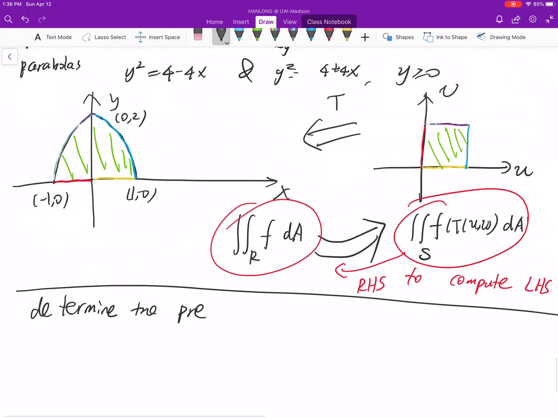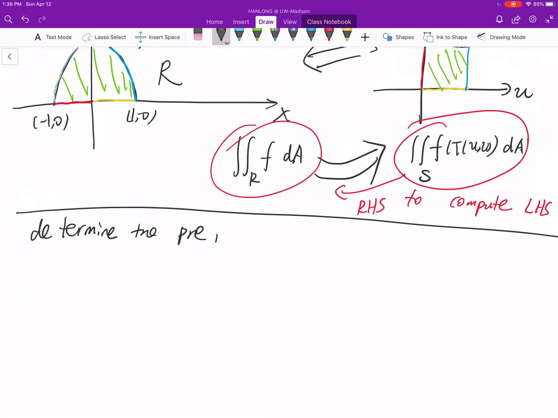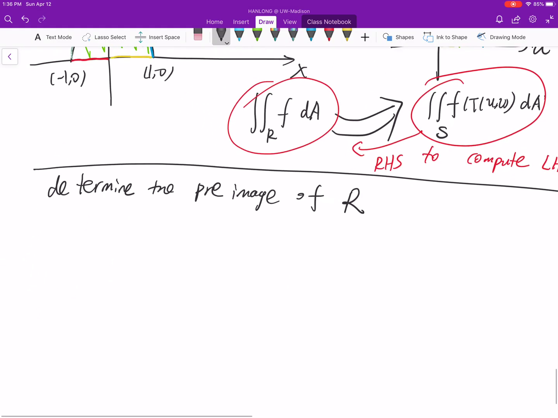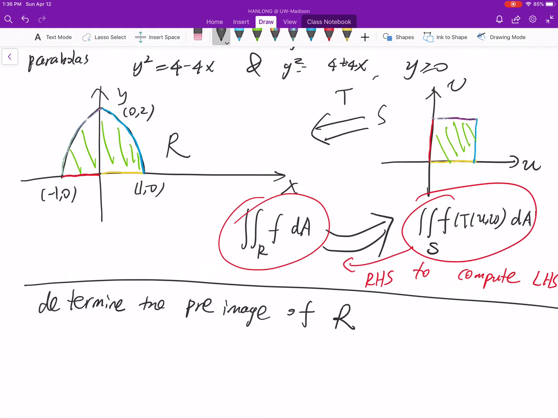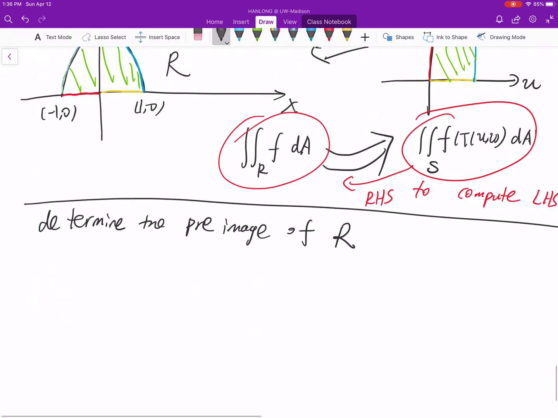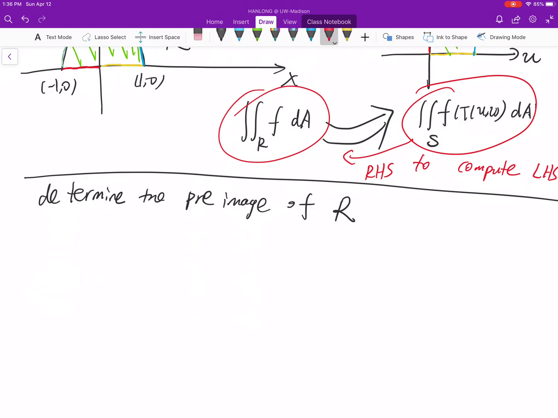Let's call this R, and this the pre-image of R, or the corresponding S for the R. And the idea is still similar. We map boundary to boundary and figure out the corresponding boundary, and then look at the red one. So what's the parametric equation for the red one? So let's see.